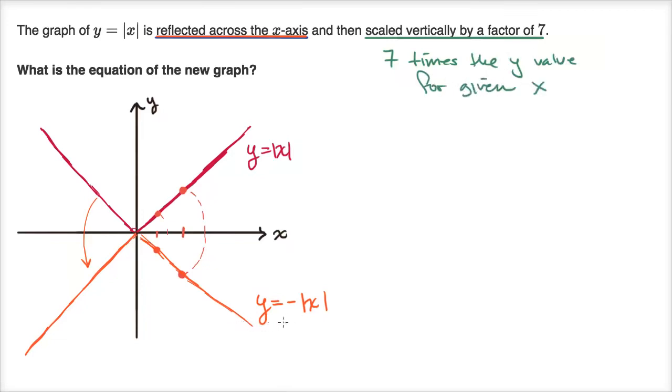And so if you think about that algebraically, well, if I want 7 times the y value, I'd have to multiply this thing by 7. So I would get y is equal to negative 7 times the absolute value of x. And that's essentially what they're asking. What is the equation of the new graph? And so that's what it would be. The negative flips us over the x-axis, and then the 7 scales vertically by a factor of 7.